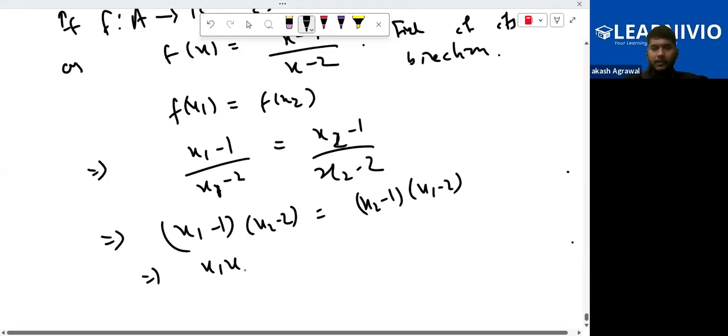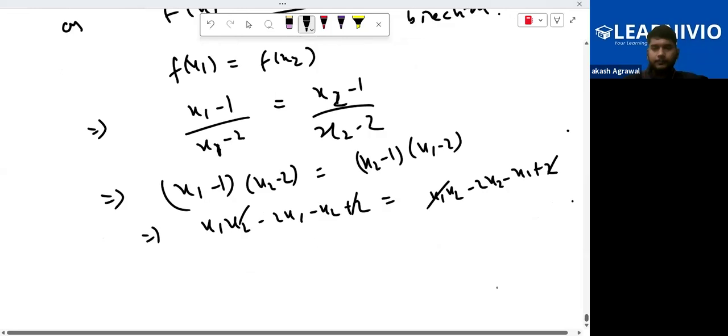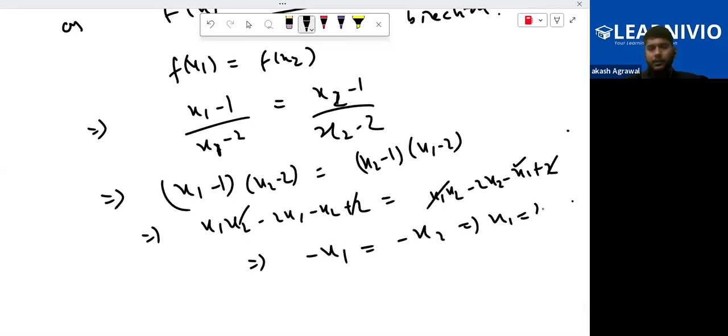So it becomes x1x2 minus 2x1 minus x2 plus 2 equals x1x2 minus 2x2 minus x1 plus 2. This is cancelled, this is cancelled. Let's bring minus x1 to this side, so it becomes plus. So minus x1 equals minus x2, which is x1 equals x2. So it is one-one.